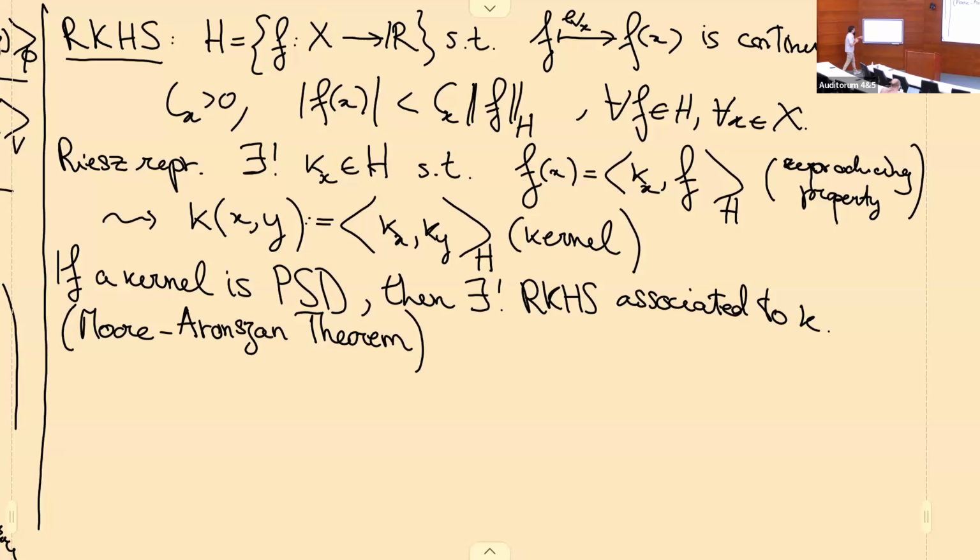Anyway, if you have a kernel, a good requirement to use that kernel, the first requirement to be used in the context of machine learning, is to check that it's positive semi-definite. So if we go back to the signature kernel, k phi, let's check that this is positive semi-definite.